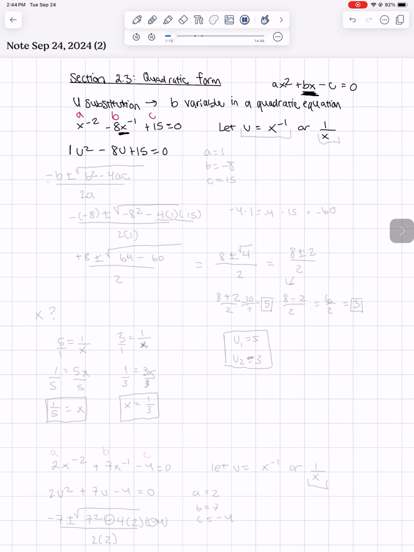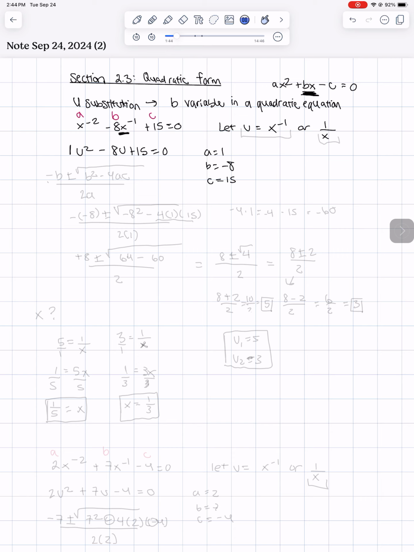So A is 1, B is negative 8, and C is plus 15. So we could either factor or use the quadratic equation. I'm going to use the quadratic equation in this example, but you could definitely factor it very easily. So A equals 1, B equals negative 8, C equals 15.